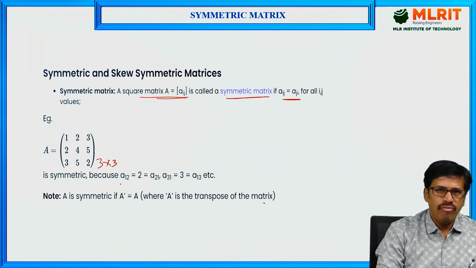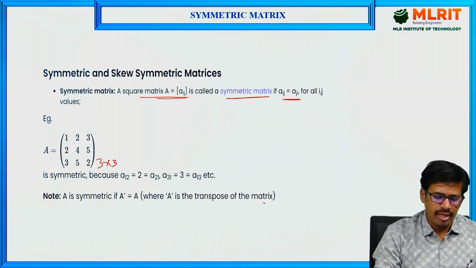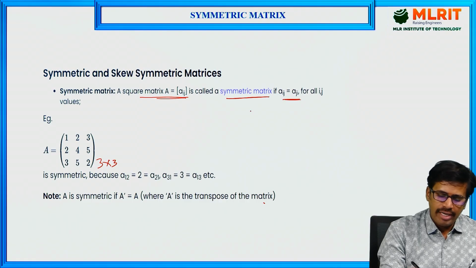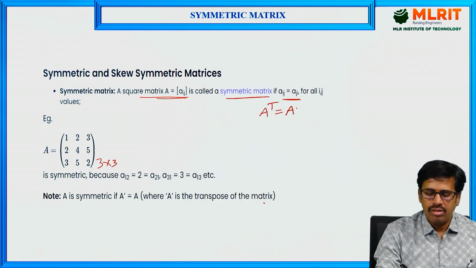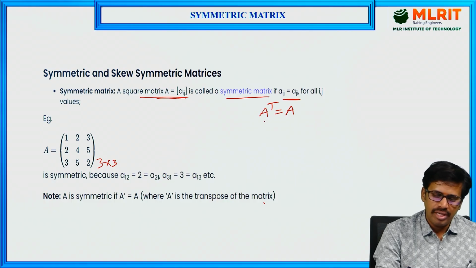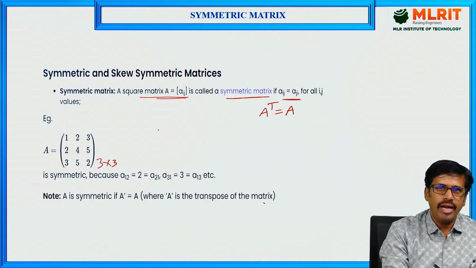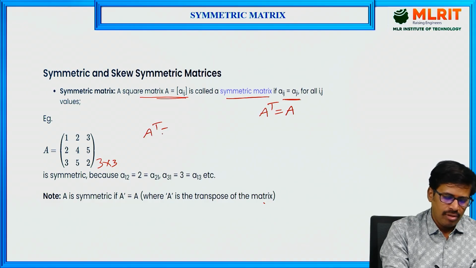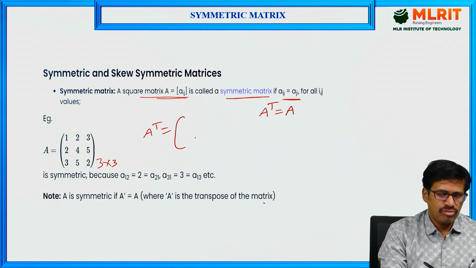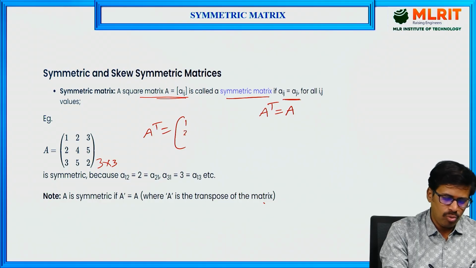So, how to check whether this matrix is symmetric? We can also write this as A transpose is equal to A. Then we say that A is a symmetric matrix. A transpose means interchanging rows and columns. So, what do you get as A transpose here? The first row I am writing as the first column, say 1, 2, 3.